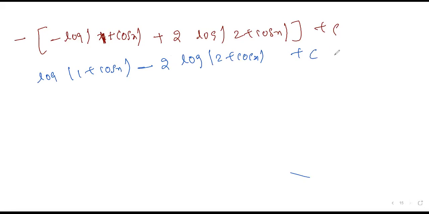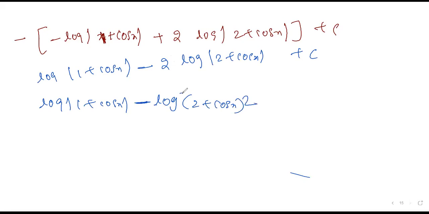Okay. So next case, log of 1 plus cos x minus log of this; the 2 before it I'll write on top, so 2 plus cos x whole square I can write. Logarithm, we have a formula: log x power n is equal to n log x.